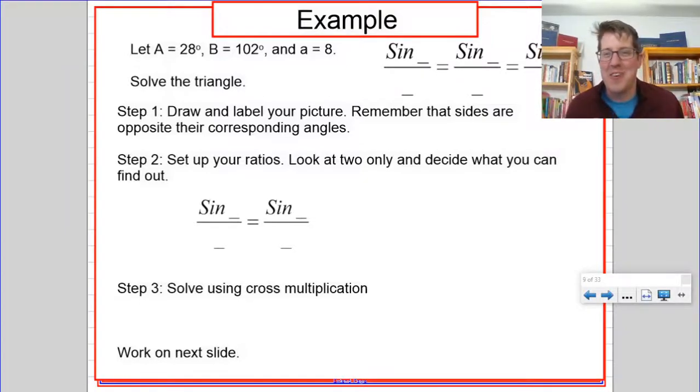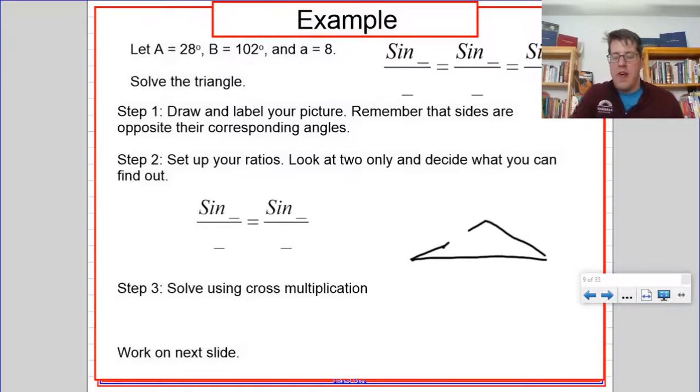Okay, so the first thing you're going to do, and your impulse is going to be to not do this, but please do this. The first thing you want to do is you want to draw that triangle. So I have A, an angle is 28 degrees, B, an angle is 102 degrees, and a, the side is 8.